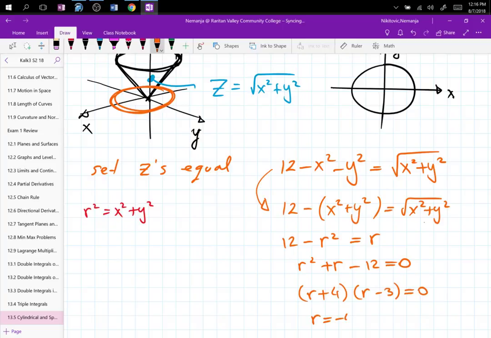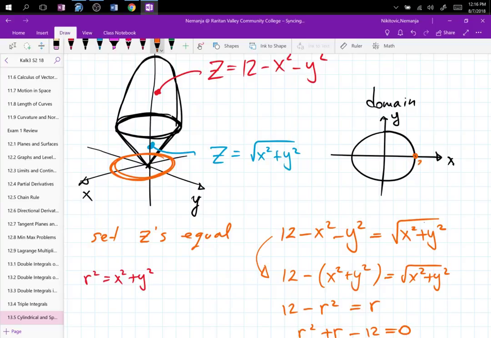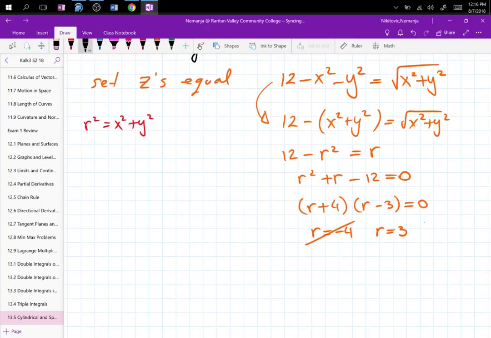So the radius is either negative 4 or the radius is 3. 3, good, because radius is length, and lengths are always positive. So r equals 3. So we learned that this is radius 3. And now I can finally set up my integral.